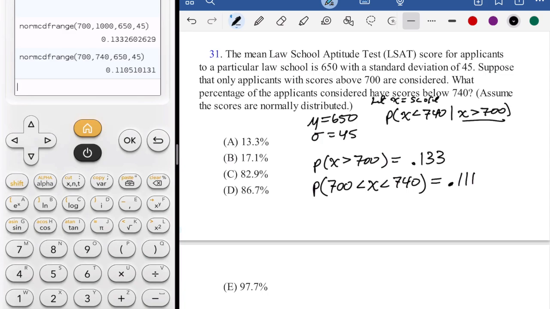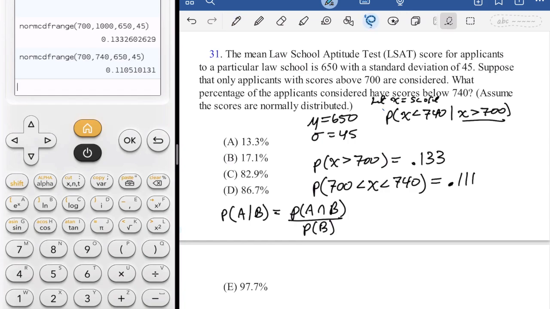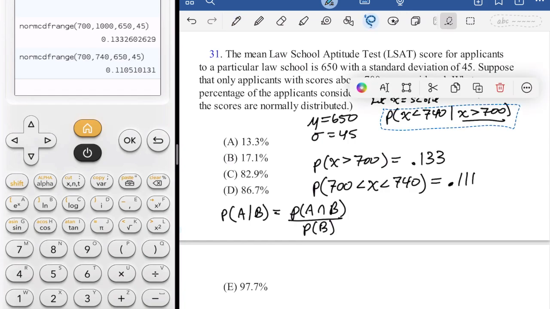So we're looking at, using the definition of conditional probability, again, probability of A given B is equal to probability of A and B over the probability of B. So in this case, I'm just going to duplicate this and bring it down.